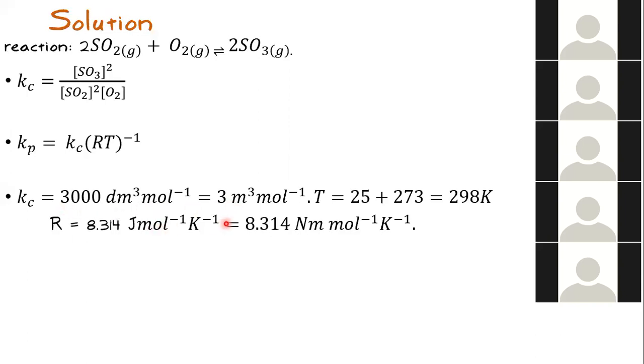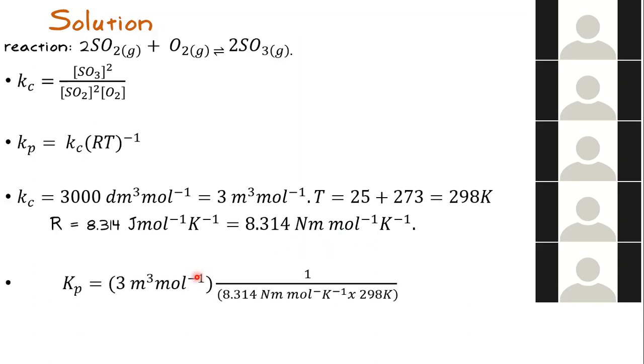So when you change, you get 3 meters cube per mole for the equilibrium constant in terms of concentration. Then your temperature here is 25 degrees Celsius. That is room temperature. So you change it to Kelvin by adding 273. You get 298 Kelvin. Then the molar gas constant. Instead of joule per mole per Kelvin, we have Newton meter per mole per Kelvin. That's the only change there.